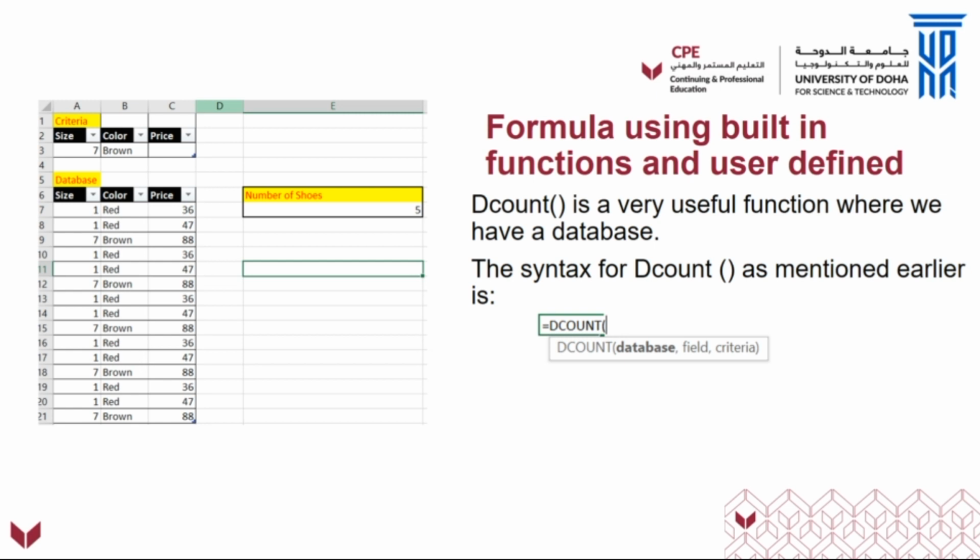Let us explore one more version of the count function, which is DCOUNT. DCOUNT is a very useful function where we have a database, which can be in the form of a table. The syntax is just like any other formula: equal to DCOUNT, open parenthesis, and the arguments are the database, the field that you want to check from, and the criteria.